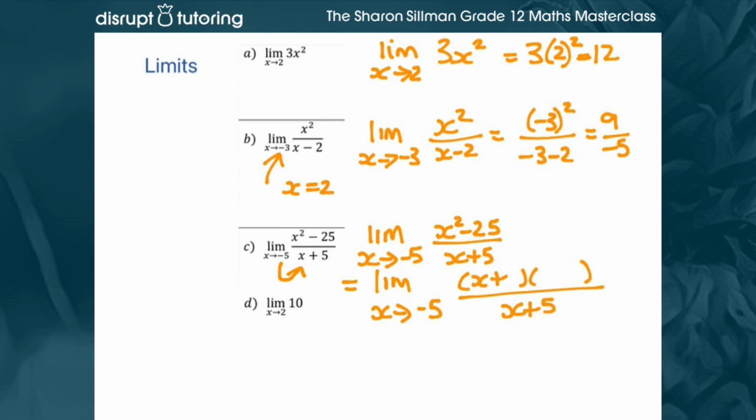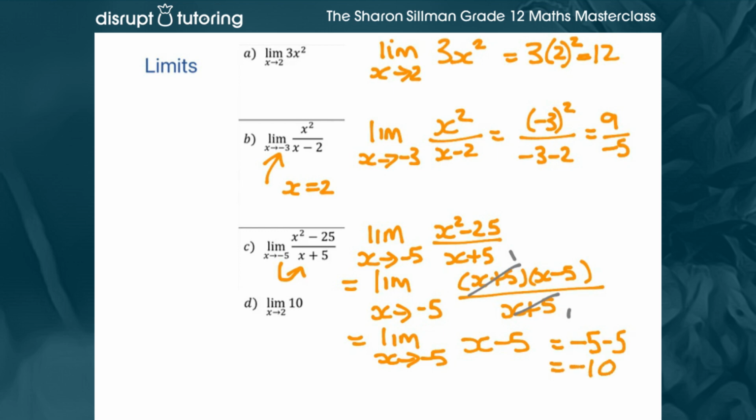I have a difference of 2 squares at the top, so therefore I can factorize. That goes into itself once and into itself once. So my actual function I'm looking at, and I'm still not substituting, I just want to see what the function looks like. And now finally I can substitute, because I can get an answer. I'm not going to get an undefined anymore. I'm going to put negative 5 into x's place, and my answer is negative 10.